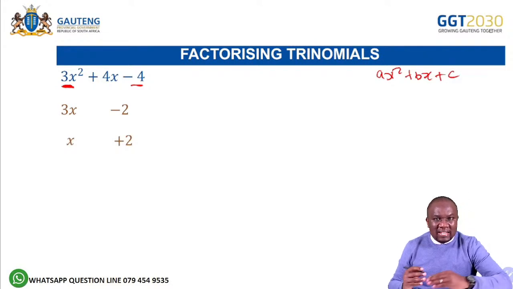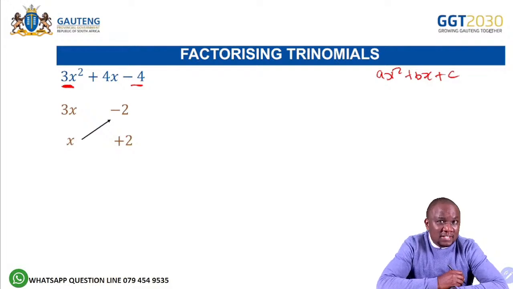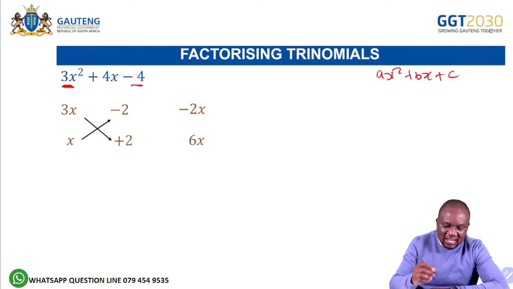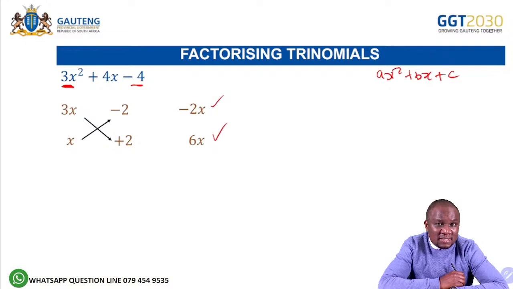And then what you do? You multiply across. We say x times negative 2. What is x times negative 2? It's negative 2x, isn't it? And then we multiply 3x with positive 2. What is 3x times positive 2? It is 6x. You see that? And then let's add these two.